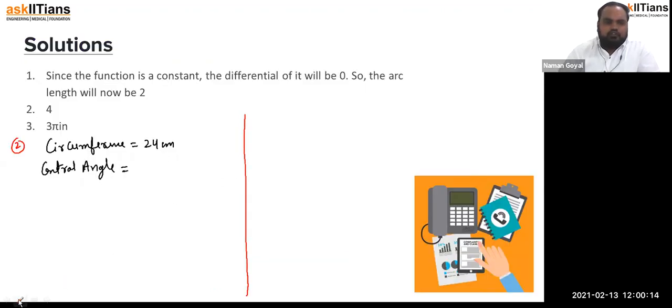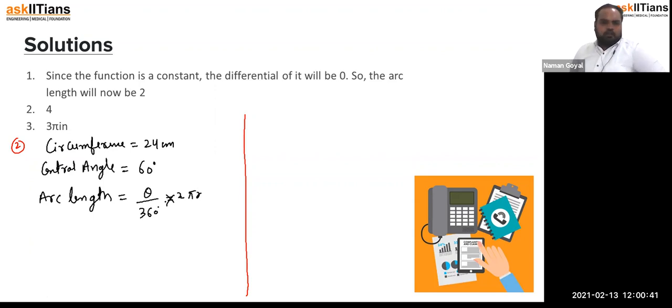Now the question is asking for arc length. So what is arc length? Arc length is nothing but theta upon 360 degree into 2 pi r. This is the formula we know for arc length.